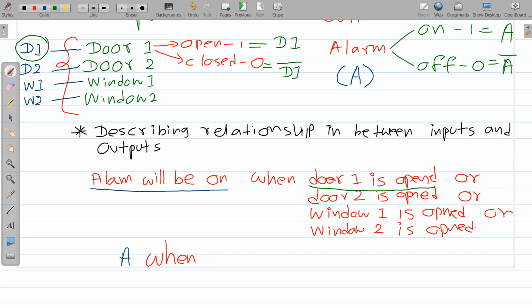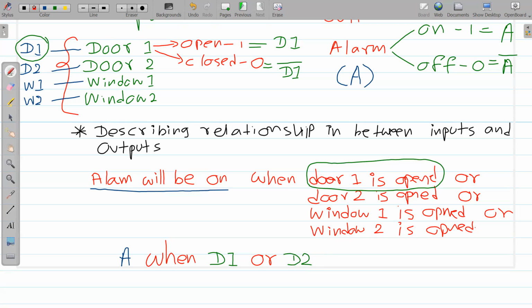Door 1 is open, how am I going to indicate it? D1. Then it has the word or. Door 2 is open at the next part, so that means D2.